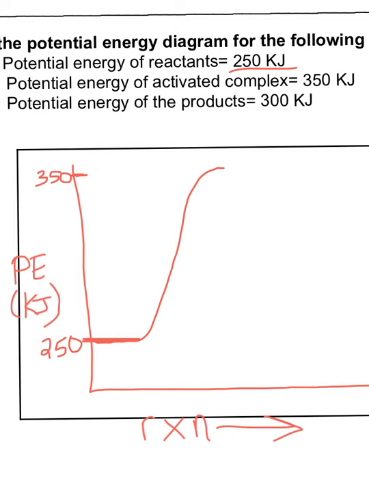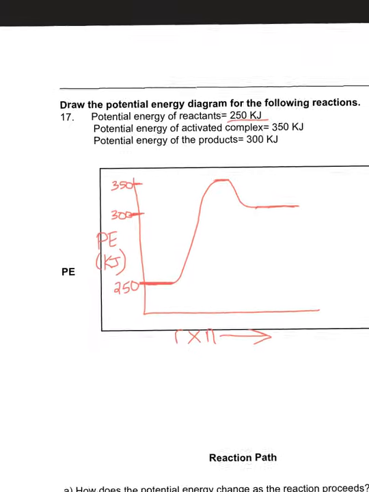Potential energy of my products, 300. So my products on the way down, I'm going to go to 300. So there's my curve. Potential energy of reactants, potential energy of my activated complex, potential energy of my products. So that is your graph.